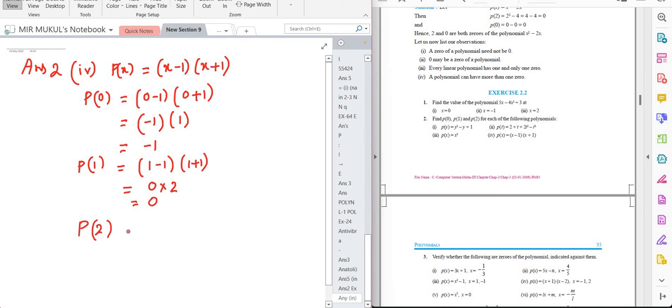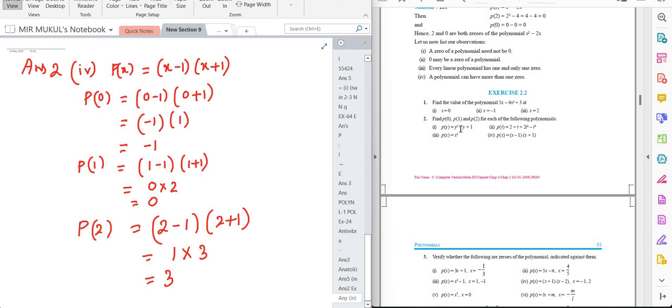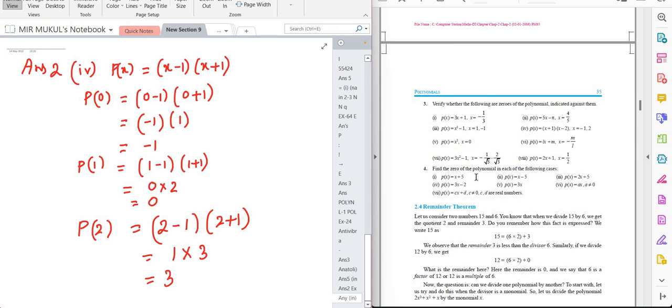Then find P2. So in place of x put 2 minus 1 and 2 plus 1. So 2 minus 1 is 1, 2 plus 1 is 3. So we'll get 3. So I have shown 2 more questions.